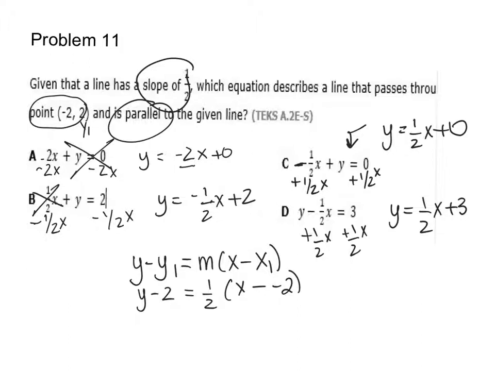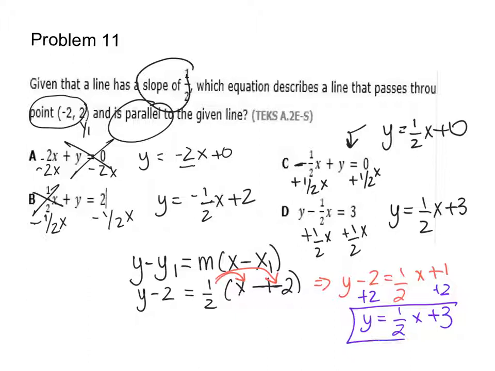When I reduce that, that becomes a plus 2. Now we're going to use distribution, so distribute it twice. And now I get y minus 2 is equal to 1/2 x. 1/2 times 2 is 1. Alright, last step, I need to move that 2 over, so adding 2 on both sides. I get y is equal to 1/2 x plus 3. Well, that matches D, so D is my answer.